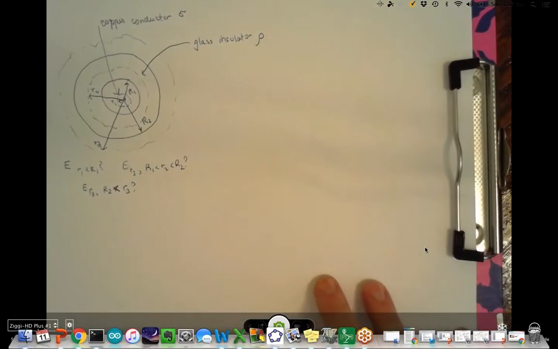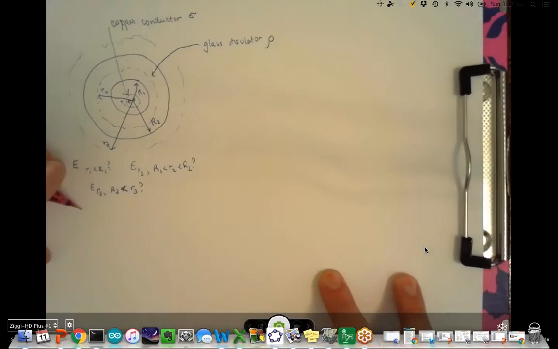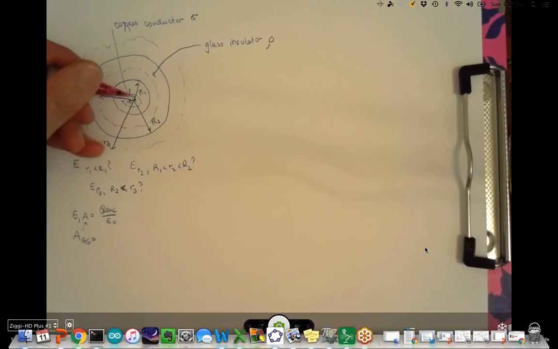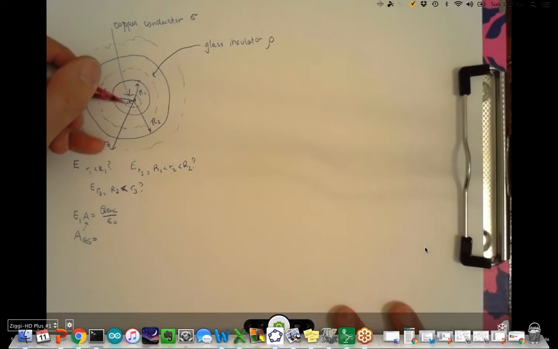Okay, let's start out with the easiest one in the middle. So E1 is going to be Q enclosed over A times epsilon naught. A is this Gaussian surface, this one right here, that we're dealing with. So we want to look at the area of the Gaussian surface, which is the area of the sphere right inside here. The area of a sphere is 4 pi r cubed? No, 4 pi r squared. Sorry, we're looking at area.